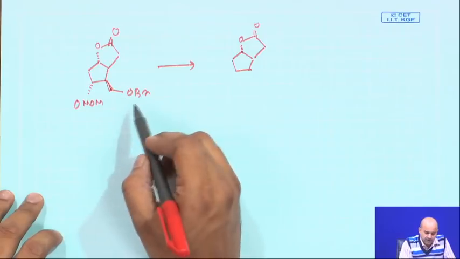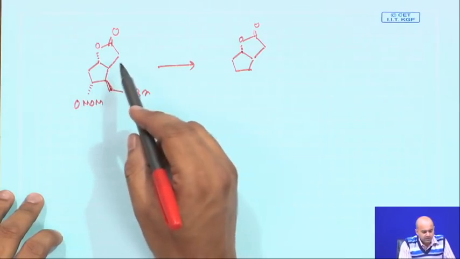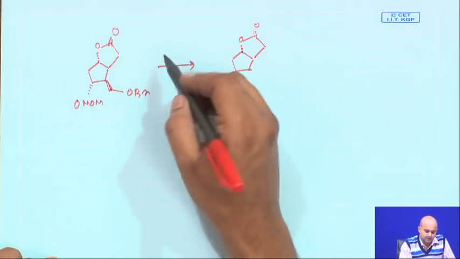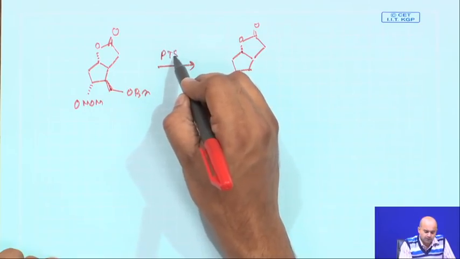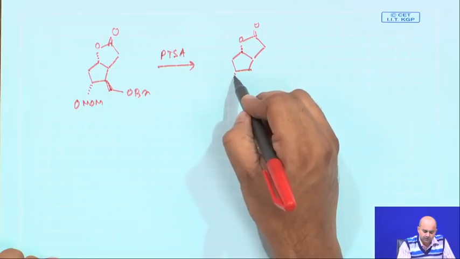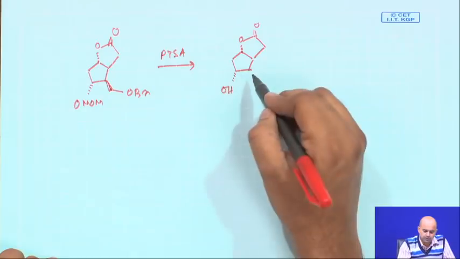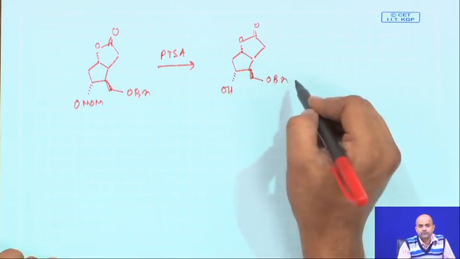The other protecting group is a benzyl, and you have a lactone. Now, a lactone can in principle be cleaved by acid, but you need a stronger acid condition. So if you use a very mild acidic condition like paratoluenesulfonic acid, you can selectively clip this MOM group, where the benzyl group will remain unaffected.